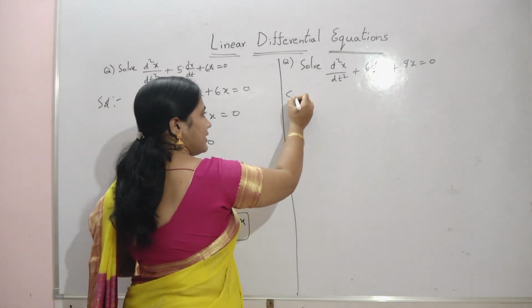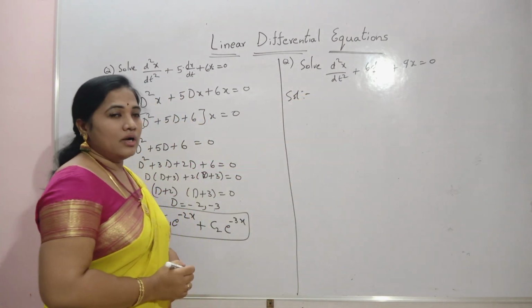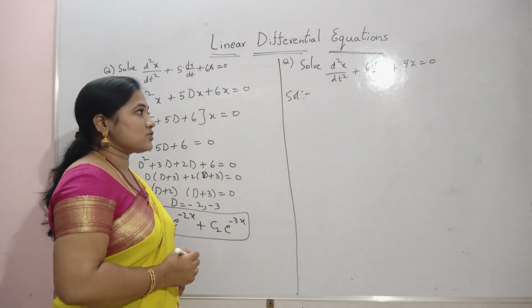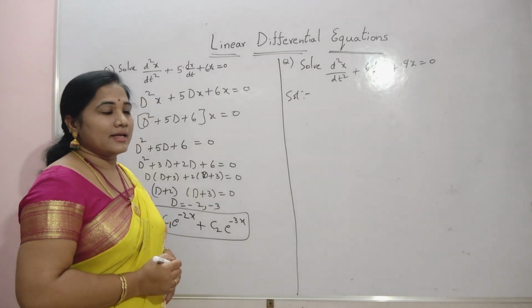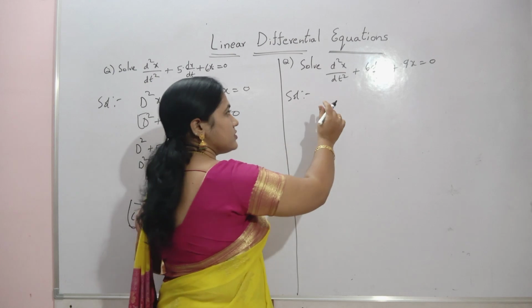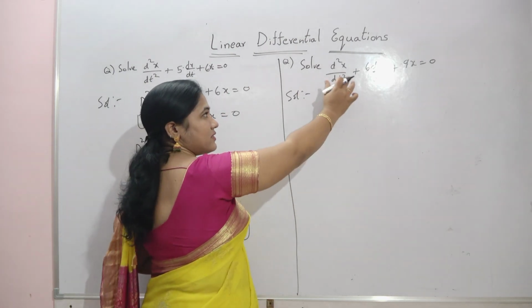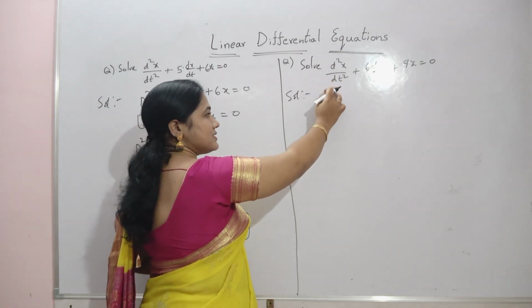So this is the solution. And the next problem, solve d square x by dt square plus 6 dx by dt plus 9x equals 0. So the first step is, first write down the given equation in its symbolic form.